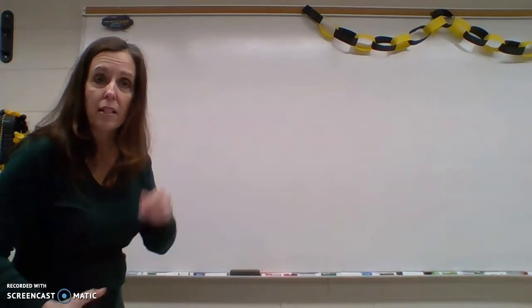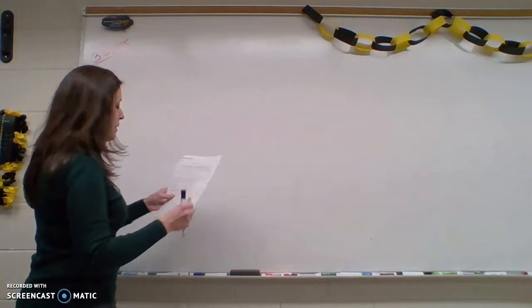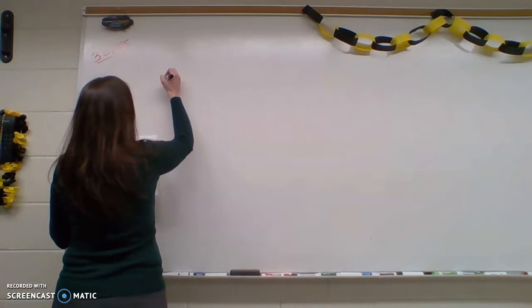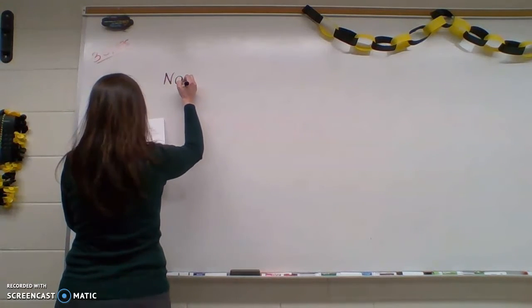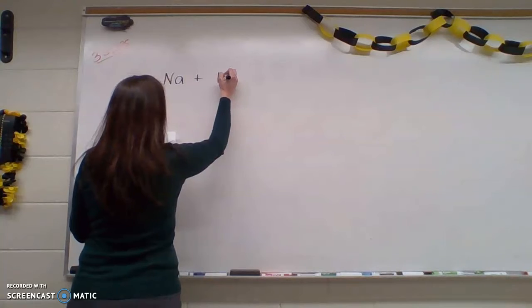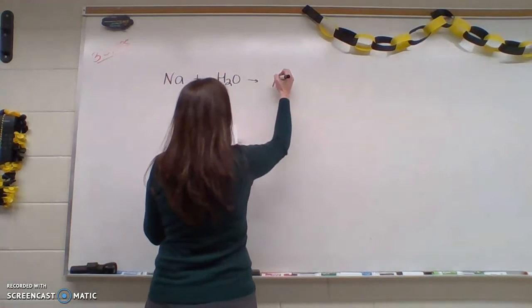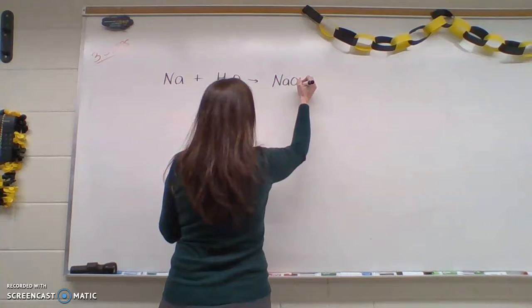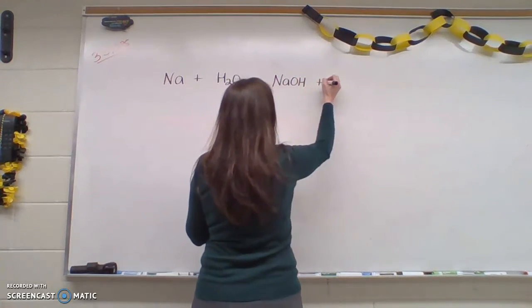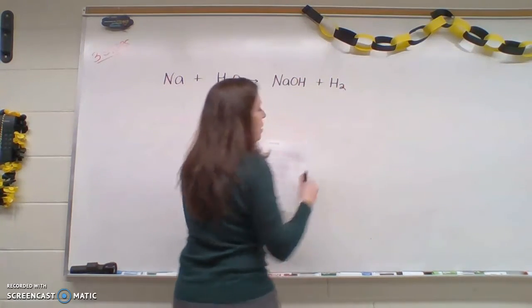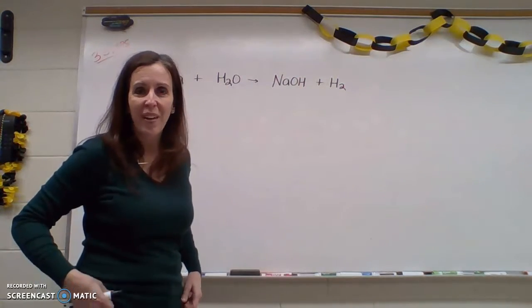So in example 6, I'm going to write the equation. And because I am a super stoichiometrist, the first thing I'm going to do is balance that equation. So there's my equation, okay?